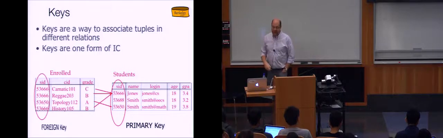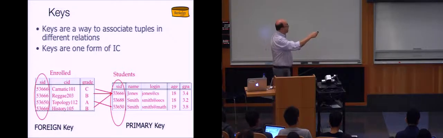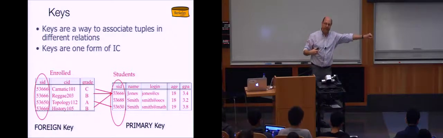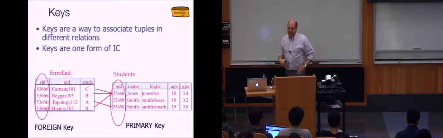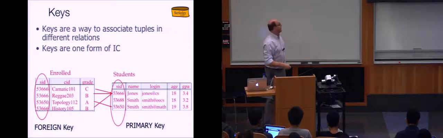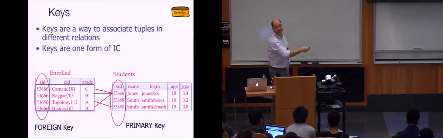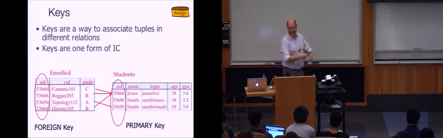They've got to be unique. And the one over here, the thing that's in a different table that refers back to that primary table, that's called a foreign key. Okay, and so we'll see how you specify this in the DDL, but basically what you would say is SID in enrolled is a foreign key referencing SID in students. Okay, so that's how you do that connection.